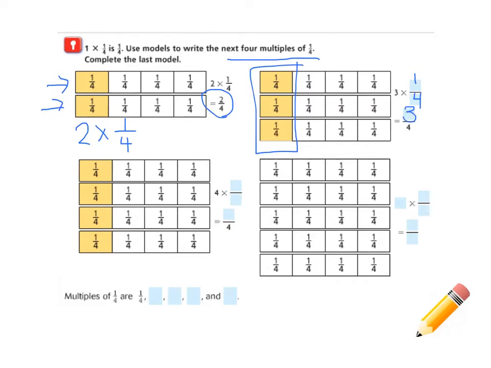Here I have 4 1/4. So I can say I've got 1, 2, 3, 4, or 4/4. Now let's look at 5 times 1/4. Take a minute and pause and write down what you think the answer would be.